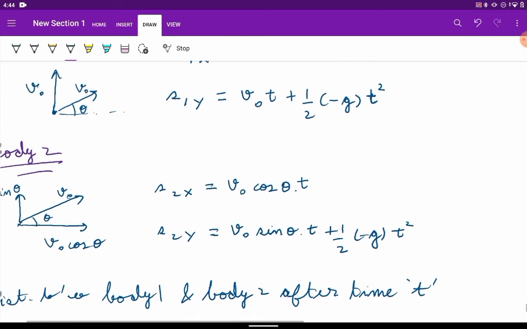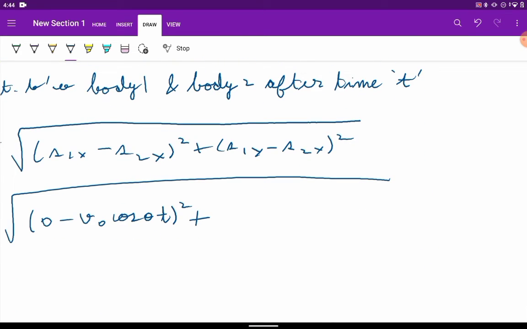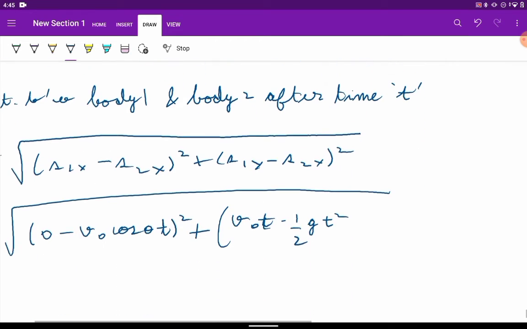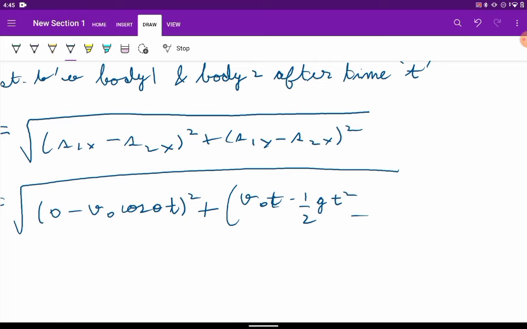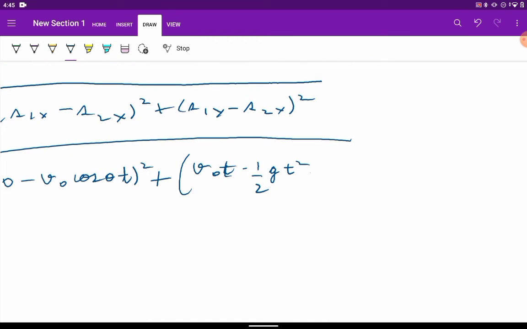S1y is v naught t minus half g t square, and s2y is v naught sine theta t minus half g t square.